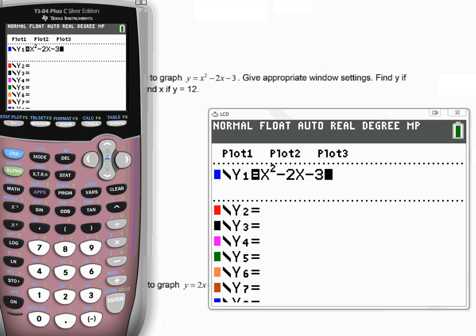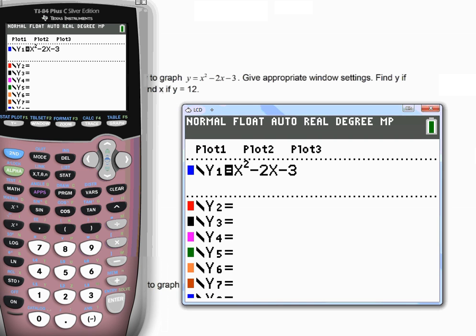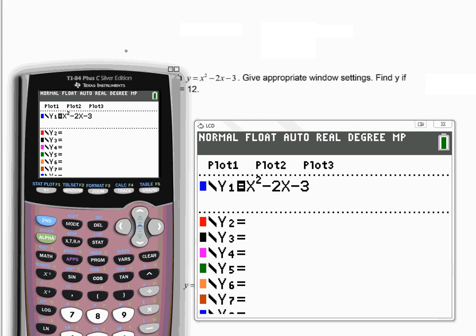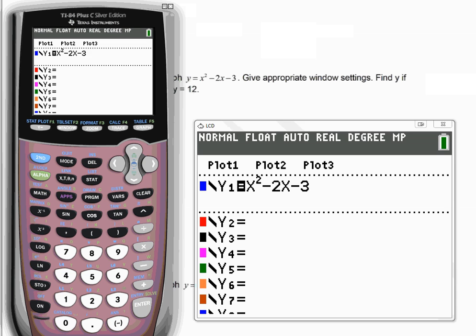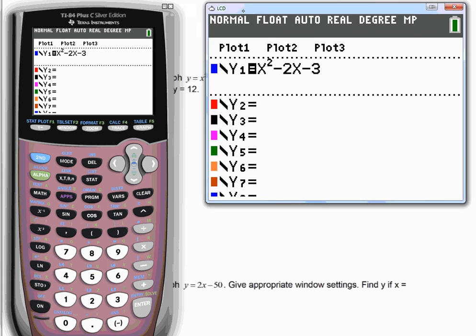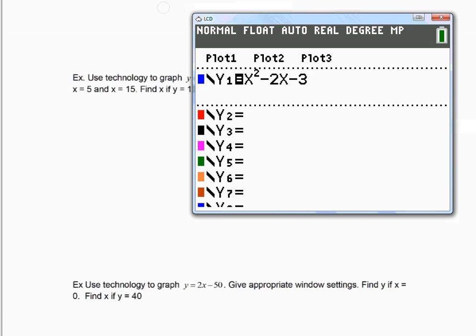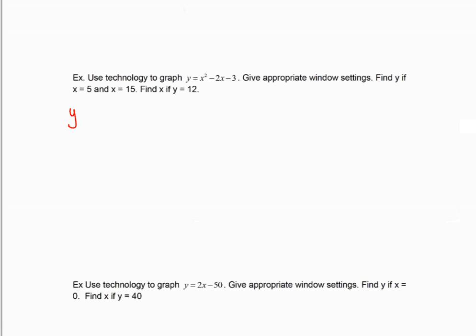Okay? I'll write down the steps that we're doing here. So we went to the y equals button, and then we typed in x. Do you want me to write the button?